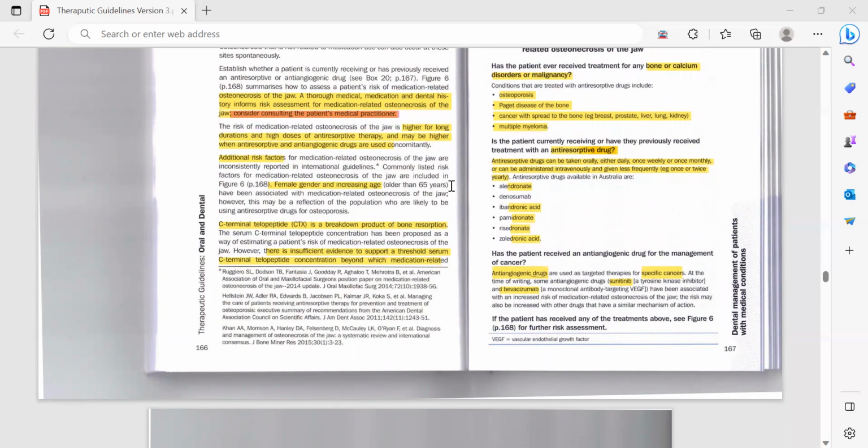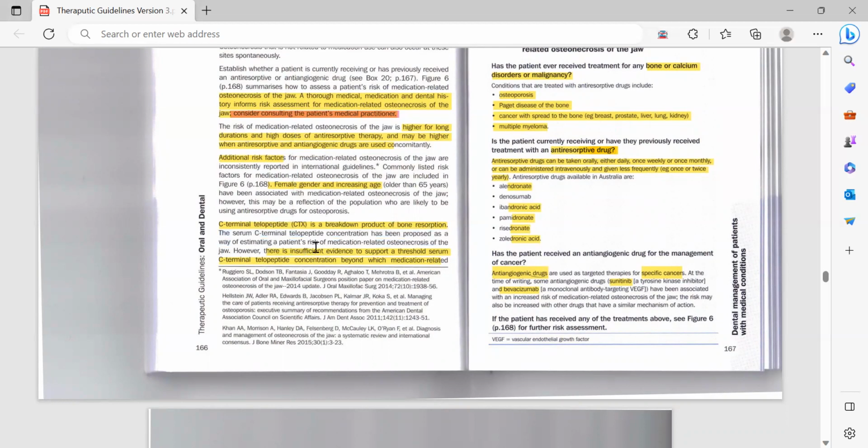Okay, then there was this test, the CTX test, which they used to do before to understand the level of bone resorption and the risk of MRONJ in a patient.